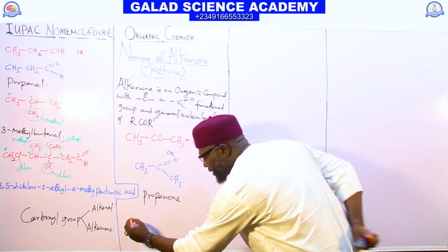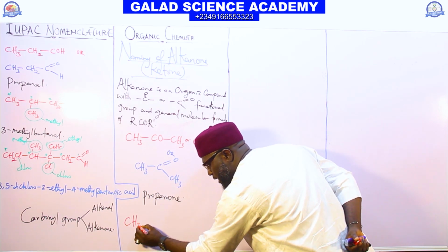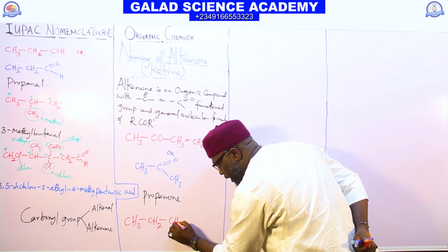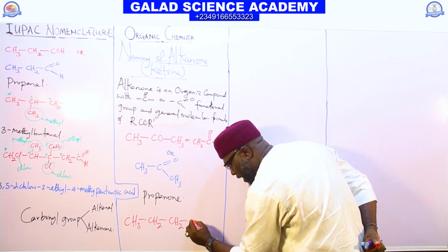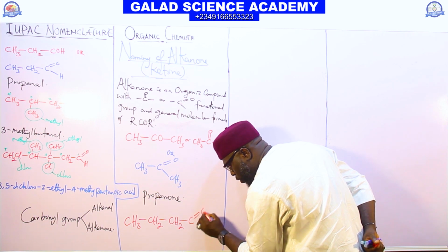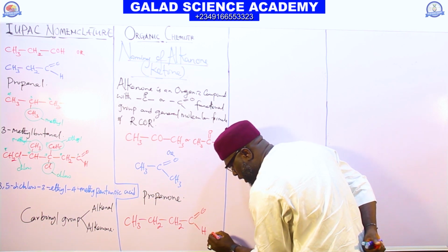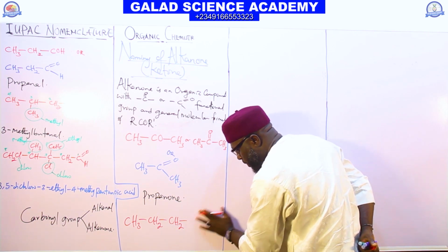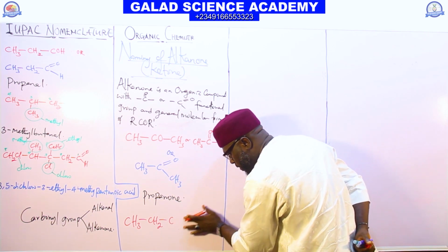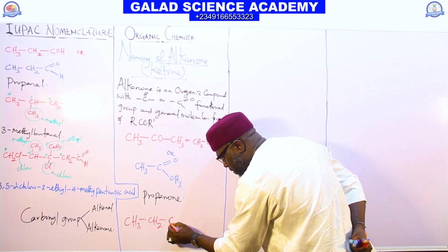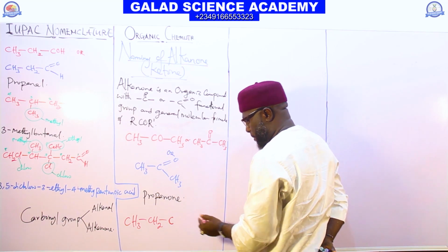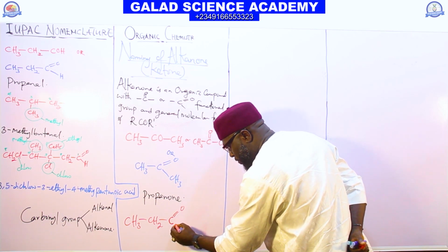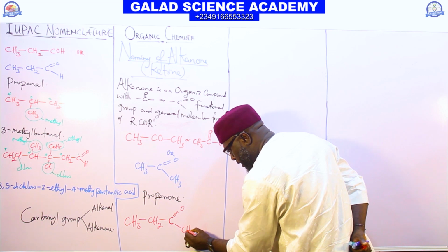The next compound, CH3CH2CH2, and we have CO, and we have CH3 here.